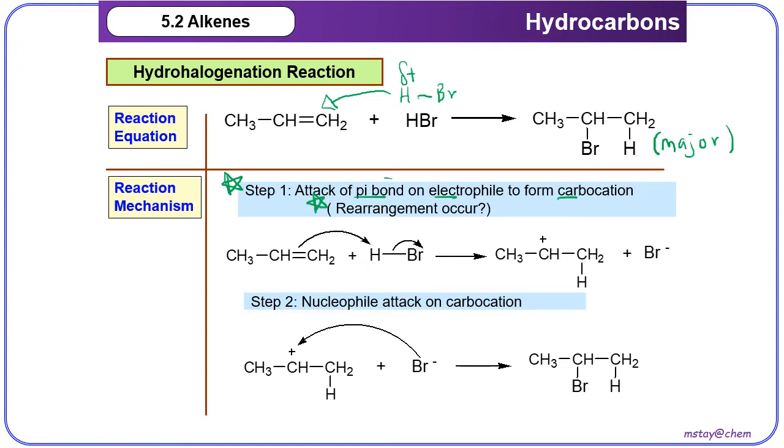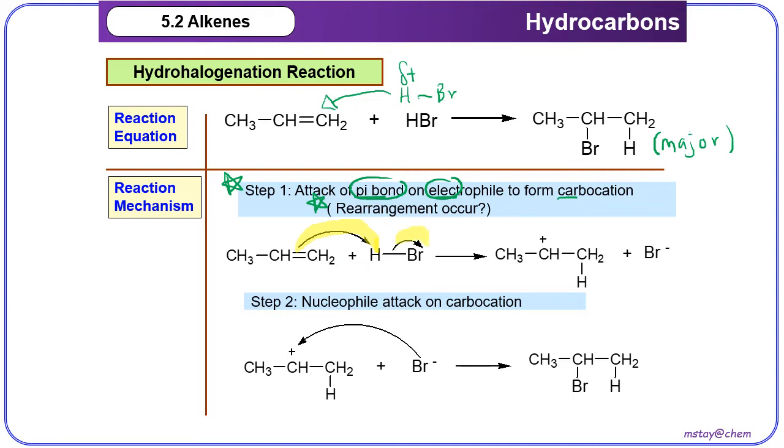From the term pi bond on electrophile, you can see that the arrow will come from the pi bond and go to the electrophile, in this case hydrogen.